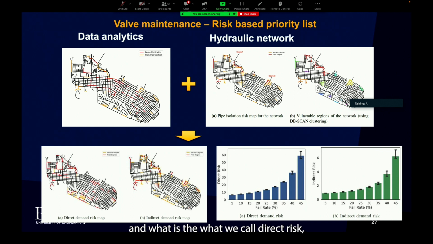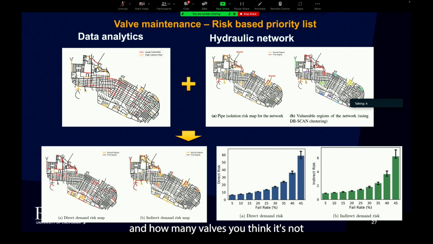What we call direct risk is the customers where the pipeline was broken, but then if the valve is not working, it affects the other neighbors as well, and that is what we call the indirect risk. So what you see on the bottom right is about failure rates, so how many valves failed, and then the vertical axis is the direct risk and the indirect risk in a certain normalized way.